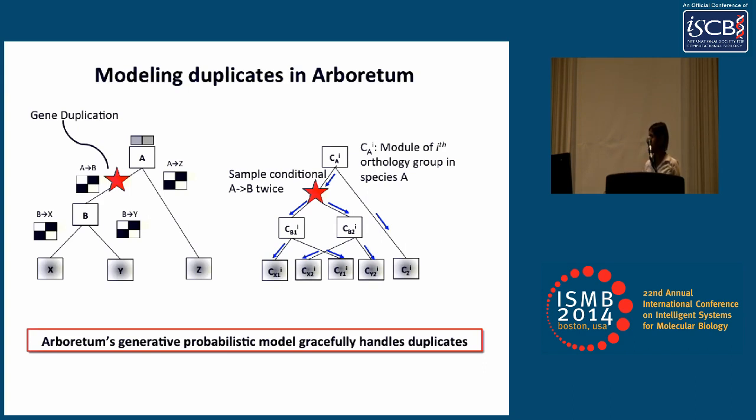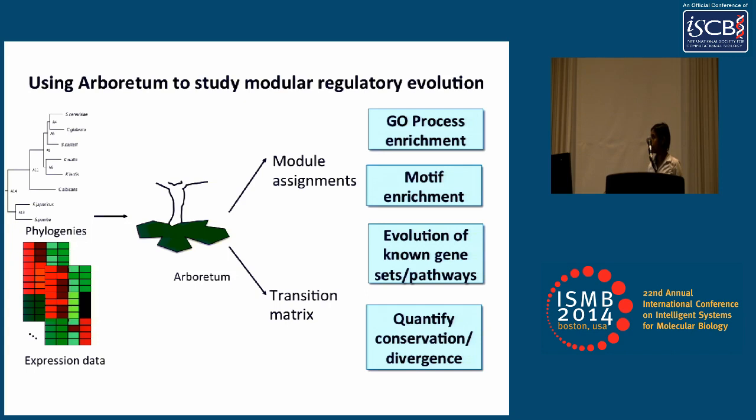So the way Arboretum works is we give it as input gene trees and species trees and gene expression data across multiple species that you're interested in. And then as output, it will give you the module assignments, and then it will also give you the parameters that it learned. And then these can be examined for different types of GO enrichment or motif enrichment.